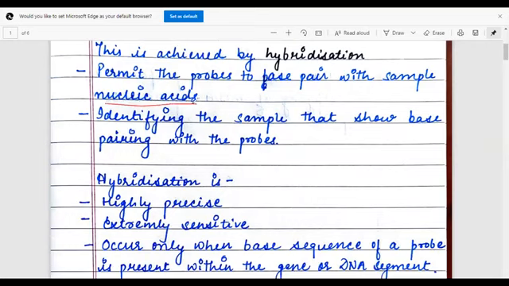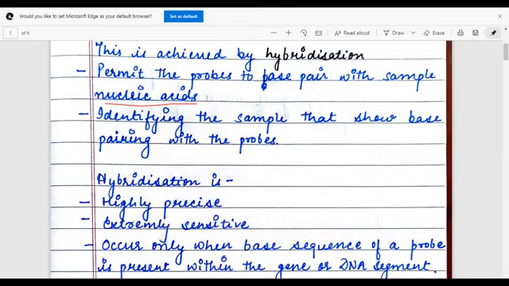This allows the identification of the samples that show base pairing with the probes. This hybridization is highly precise and extremely sensitive.